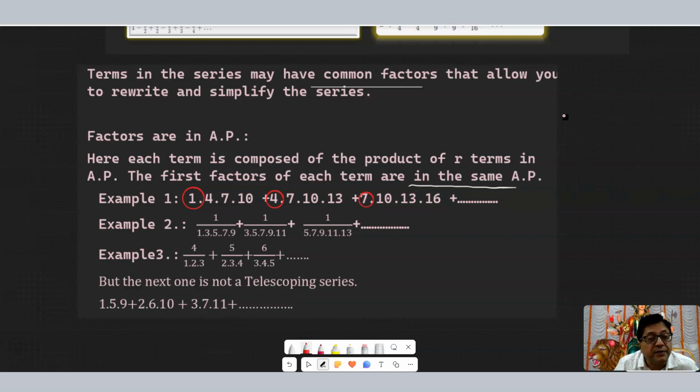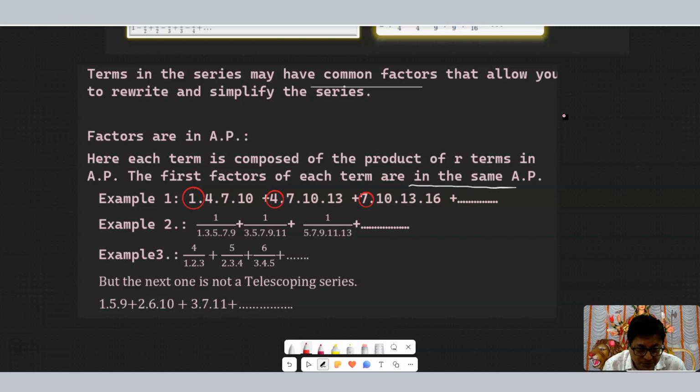The AP given over there. 1, 4, 7. Here 4, 7 common. So 4, 7, 10 common. So 1, 4, 7, 10, then 13, then 16. This is an arithmetic progression. All these first terms are in the same arithmetic progression. So this is another way to identify telescoping series, and be sure that we'll be able to express it as a difference of 2 terms.